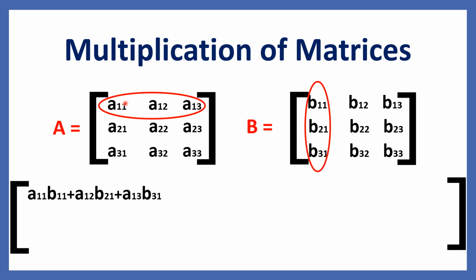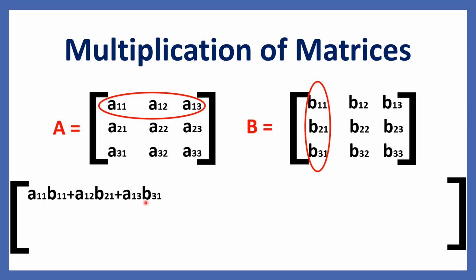So first element in the first row into first element in the first column, plus second element in the first row with second element in the first column, plus third element in the first row multiplied with the third element in the first column in the second matrix. That gives us the first element of the result matrix.